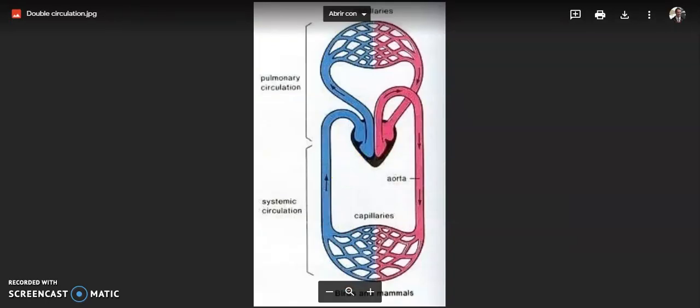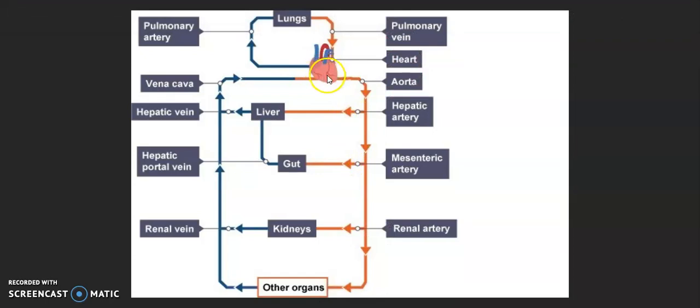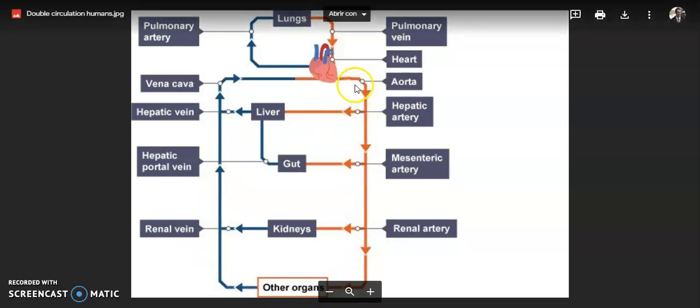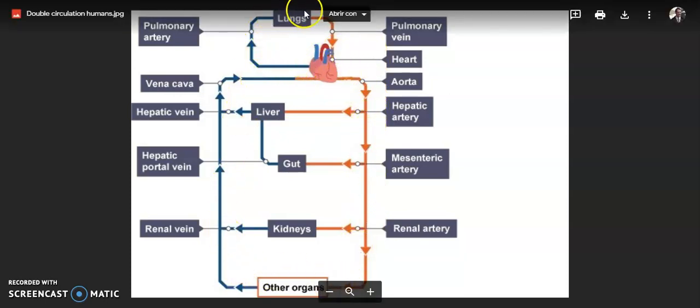But the idea is that the large circulation, the systemic, which means body, is much larger than the pulmonary circulation. It is called pulmonary because of the lungs. We know that because we speak Spanish, but in English it doesn't make much sense, but we understand it. On the other hand, we don't say pulmons, just in case, okay? I don't want to listen or read anything of the sort.